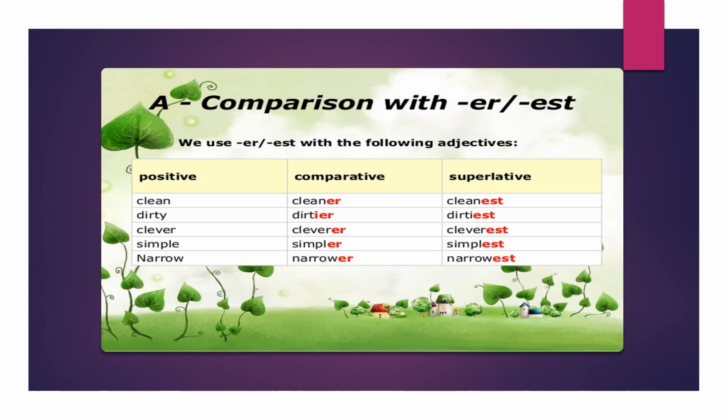So keep in mind that whenever you're using a comparative degree, or for that matter a superlative degree, you will always be comparing common kinds of entities. Also, whenever you're using a superlative degree, it will always follow the word the. So it has to be the cleanest, the dirtiest, the cleverest, the simplest, the narrowest, etc.